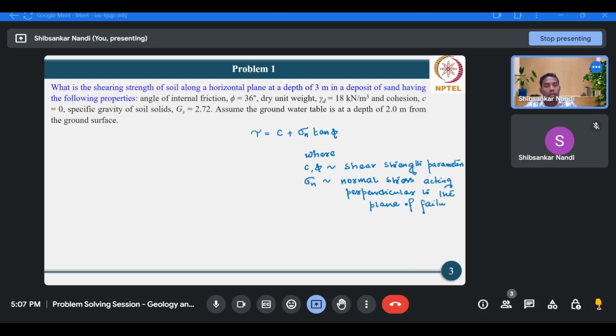Okay, so this is the shear strength of a soil deposit, as per the Mohr-Coulomb failure criteria or strength theory.